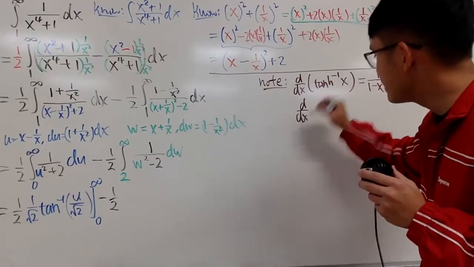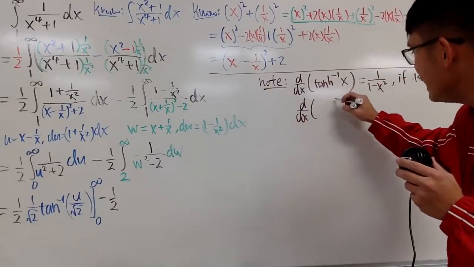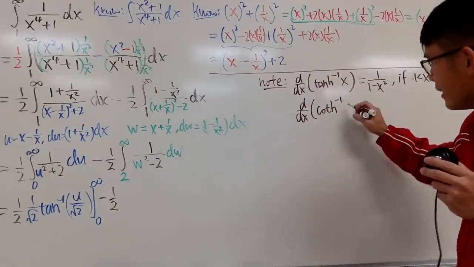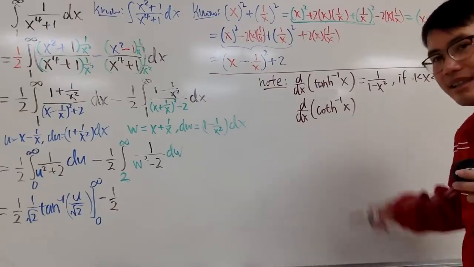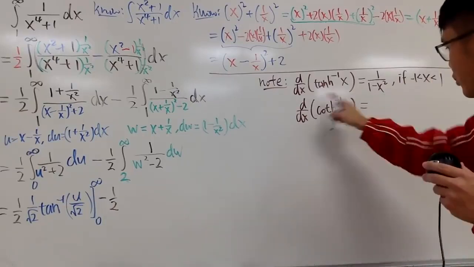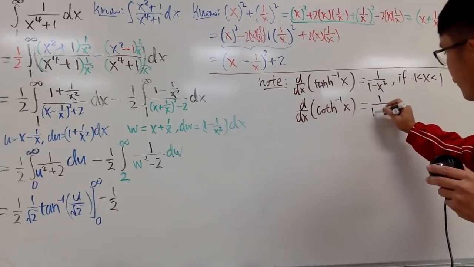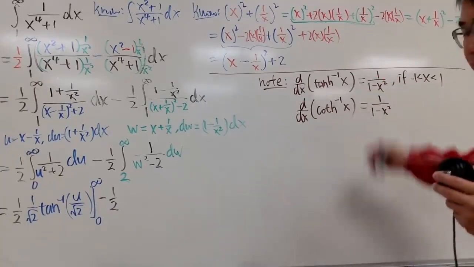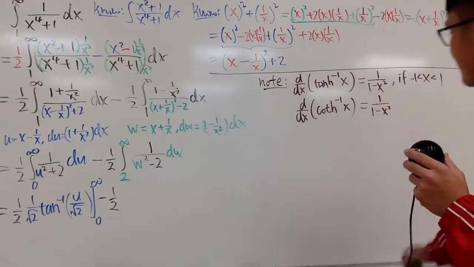Let's go ahead and look at the derivative of the inverse hyperbolic cotangent. Input, let's say it's x. The derivative of that, we still end up with 1 over 1 minus x squared. Yes, they do have the same derivative.